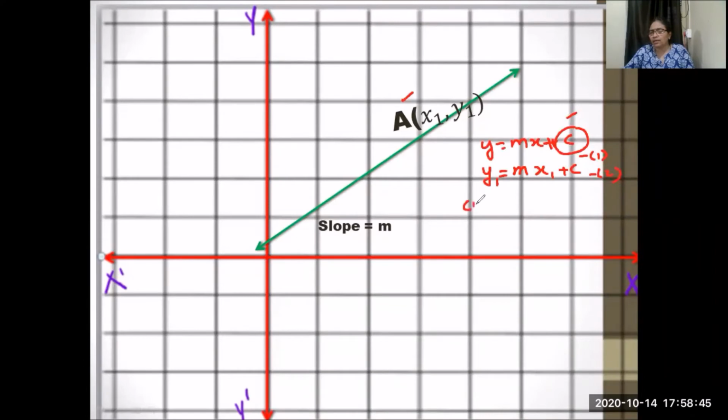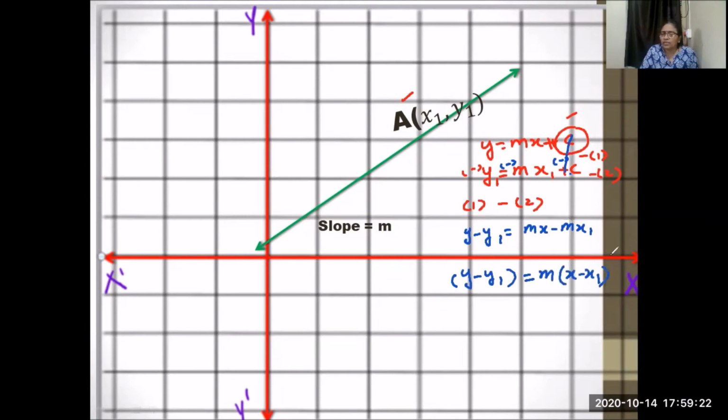If we subtract 1 minus 2, taking the opposite sign in order to subtract, this will be minus c. So this c will get removed. So you get y minus y1 is equal to mx minus mx1. Now y minus y1 is equal to m, let us take it common, x minus x1.